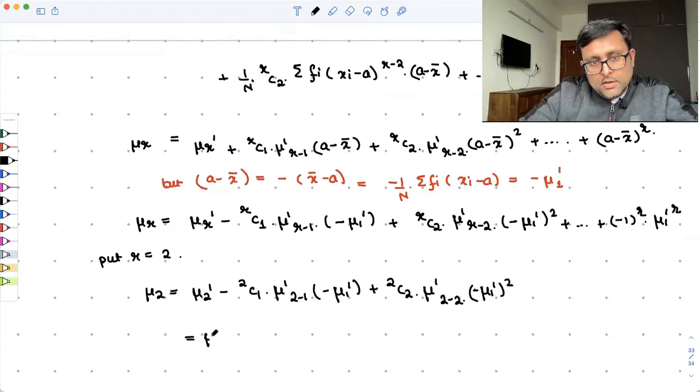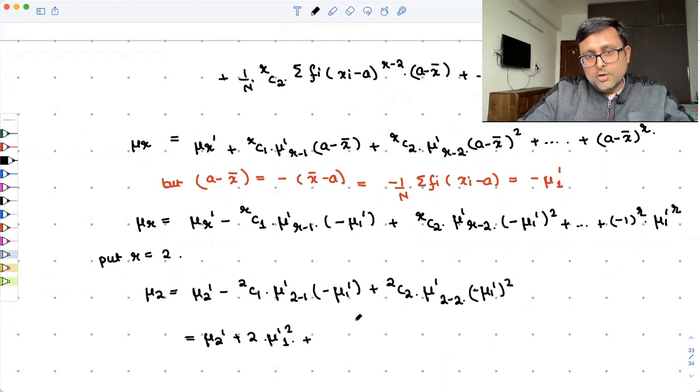So what will this be? Mu2 dash minus 2c1 is 2, right? And with minus mu1 dash, it becomes plus mu1 dash square. 2c2 is 1, and mu0 is just 1, minus mu1 dash whole square, right?